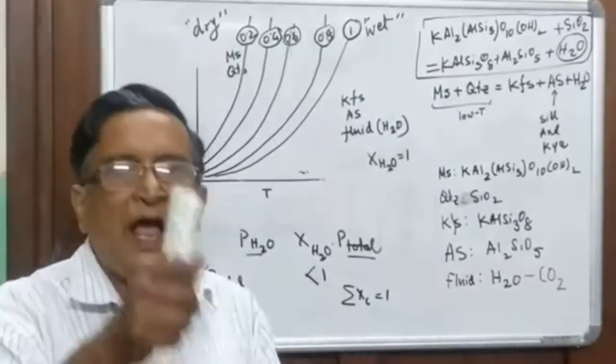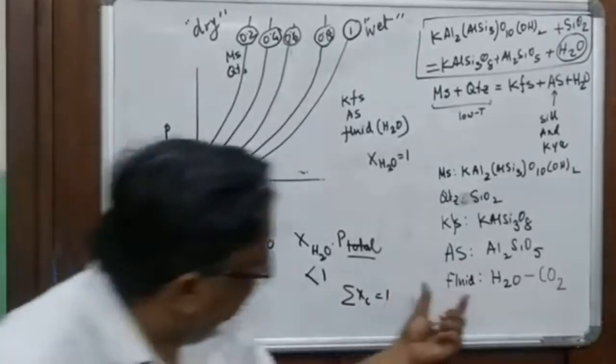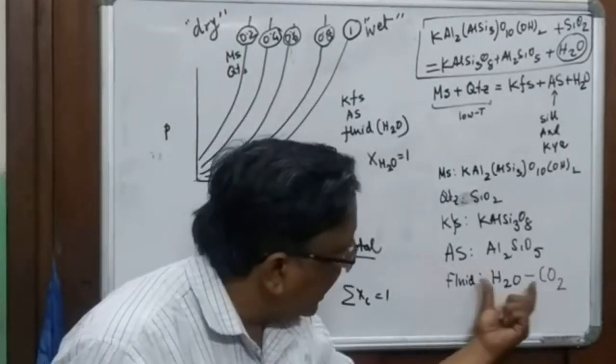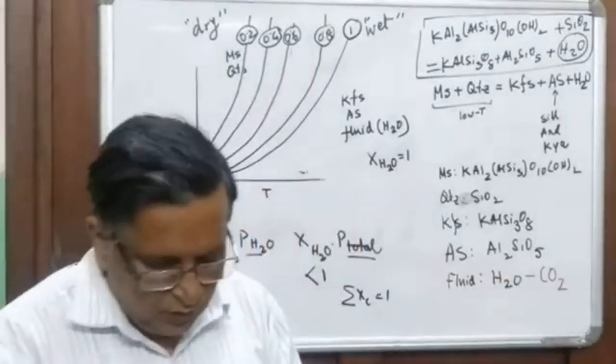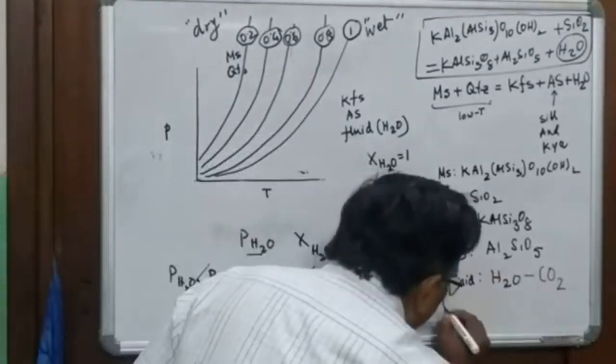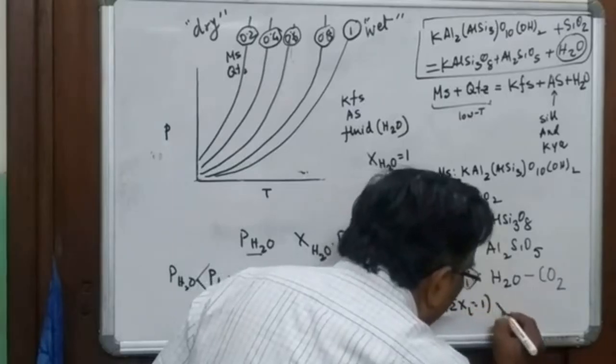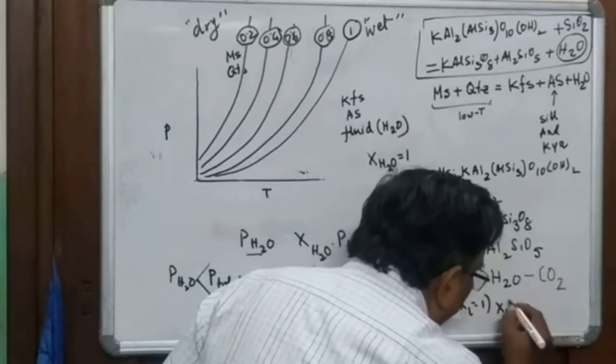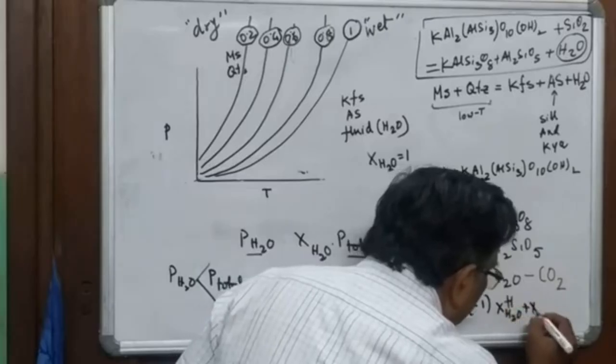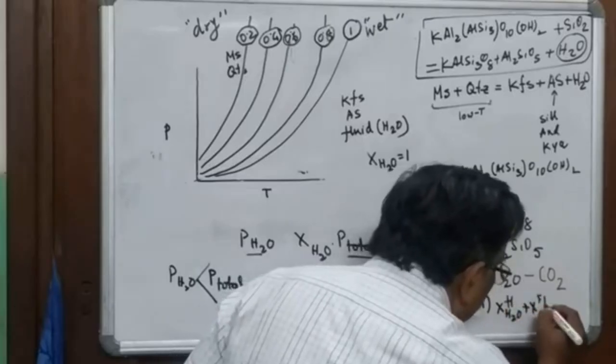Have you understood? You have a binary fluid. The fluid is H2O and CO2, so that your original sigma xi equals 1, meaning XH2O fluid plus XCO2 fluid equals 1.